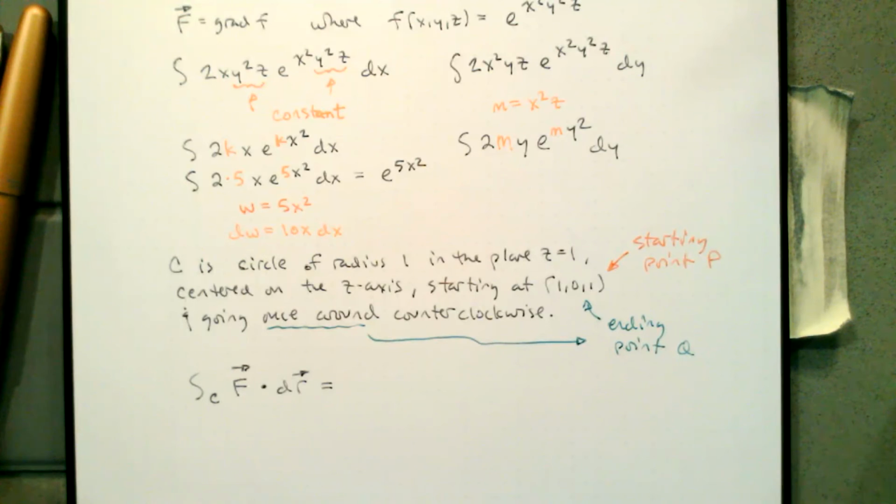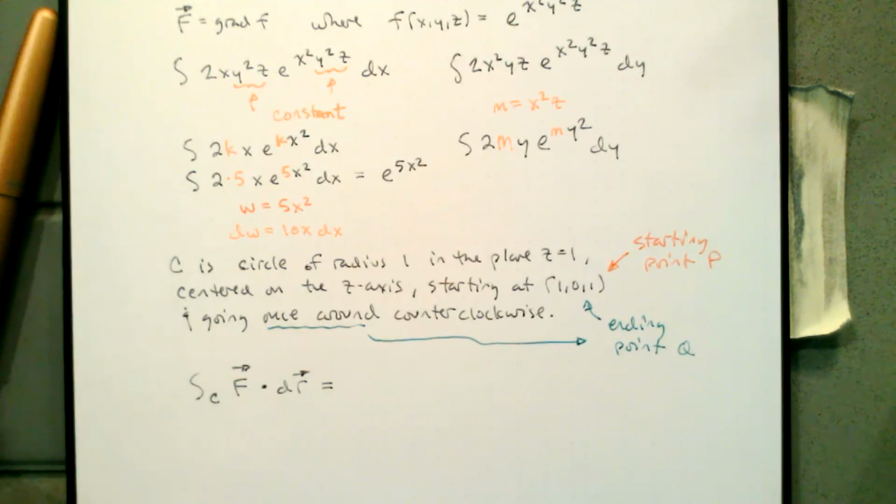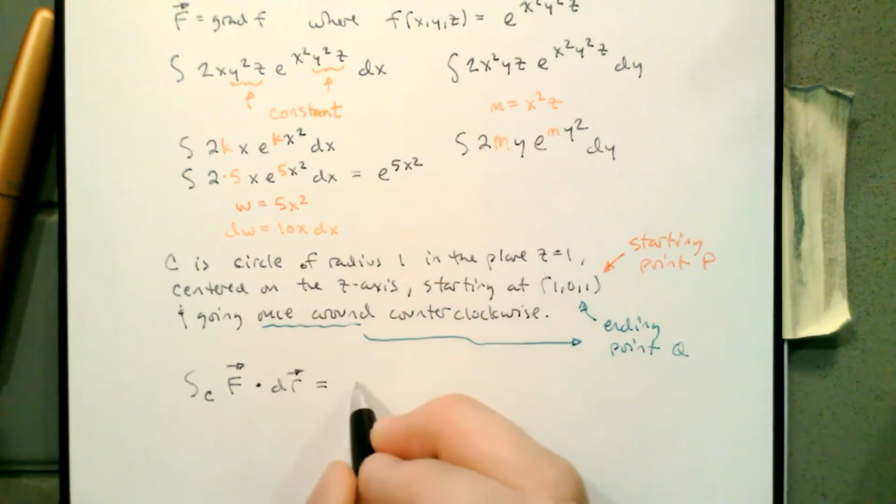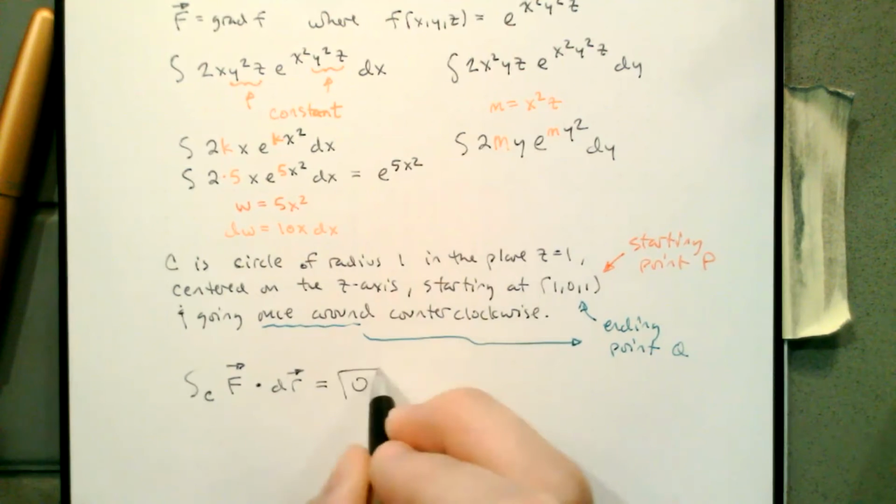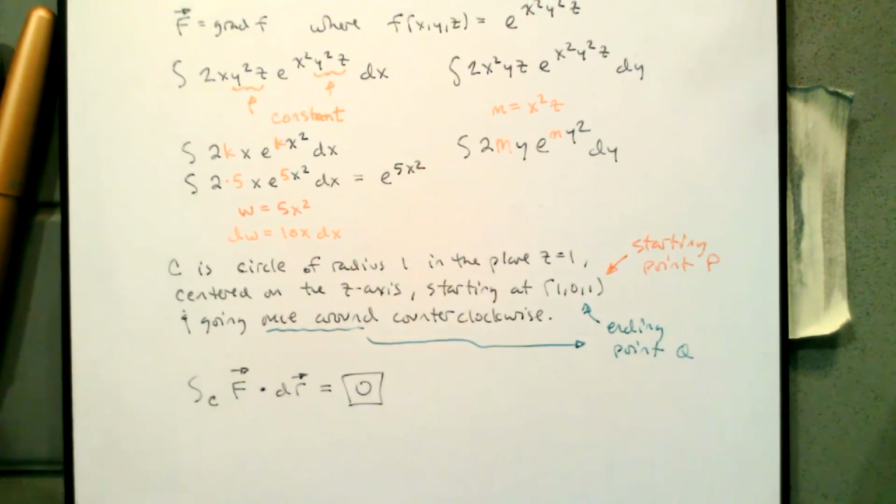What's the line integral of this gradient field dot dr along this curve? Since we're starting and ending at the same place, we don't even have to bother evaluating the function because we're evaluating the function at the same point and then subtracting the same number. So we'll end up with 0.